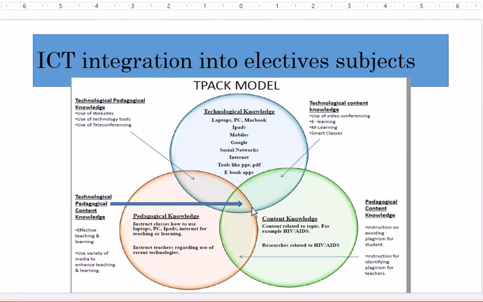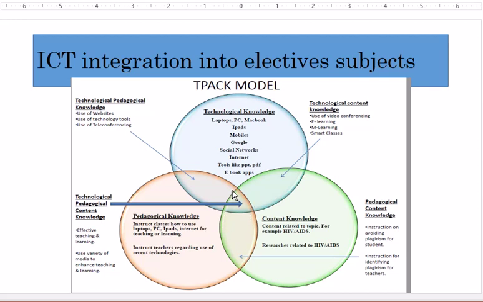Anyone who wants to teach a content must understand pedagogy. Without understanding content and pedagogy, ICT would not follow. So here this region is technological knowledge, this region is content knowledge, and this region is pedagogical knowledge.